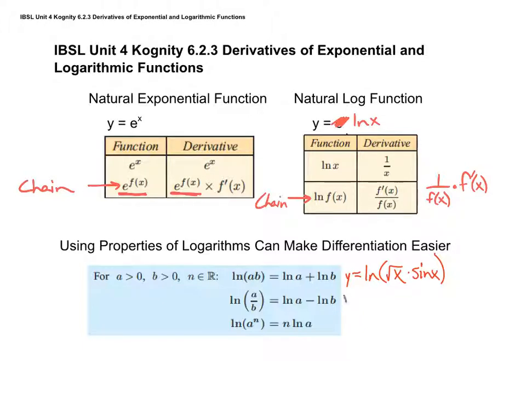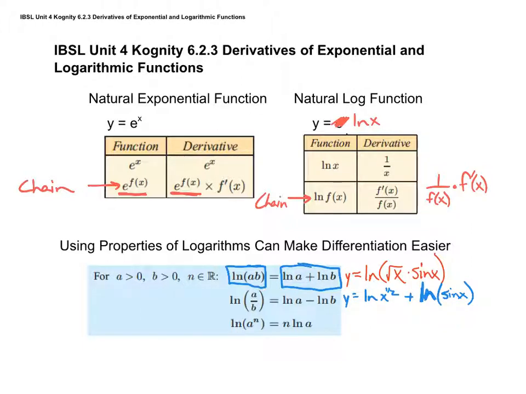So I'm going to rewrite y as, you'll notice here, natural log of a product equals the natural log of one factor plus the natural log of the other factor. And remember, the reason for that is because when you multiply things, you add the exponents. And remember, logarithms are just exponents. So here we have natural log of x to the 1/2, or the radical x, plus natural log of sine of x.